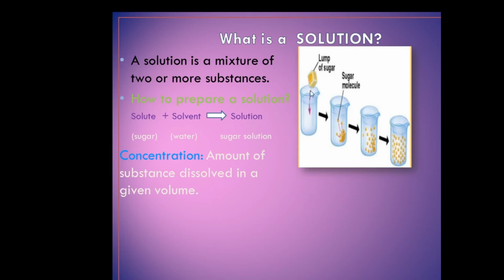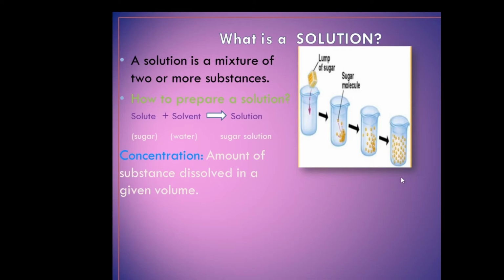Similarly, if you take the same glass of water with 4 tablespoons of sugar, how will the solution be? Of course, it will be very sweet to taste compared to the first solution. So what we did here, we have increased the amount of sugar. So the concentration of the solute has increased.